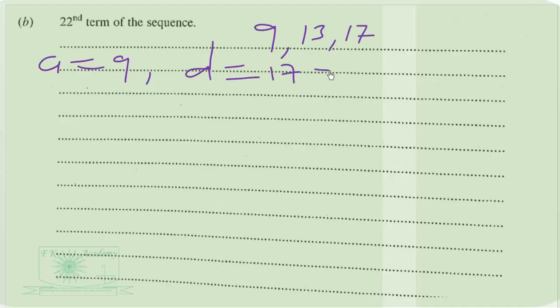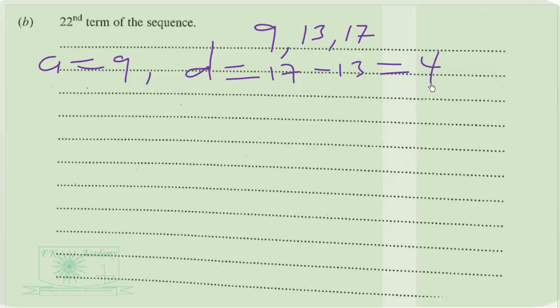So the terms are 9, 13, and 17. So the first term here is 9. Then we have the second term, the third term. So the common difference d will be equal to 17 minus 13, and that is 4.